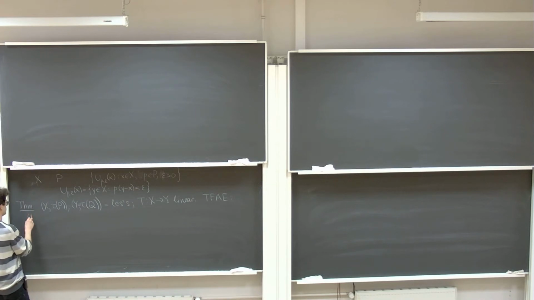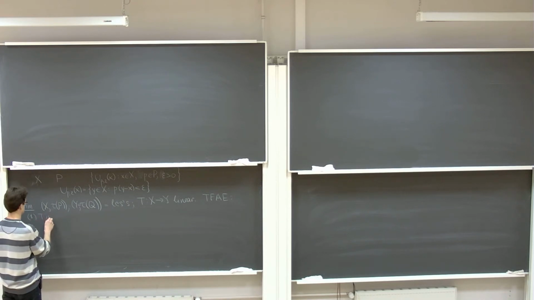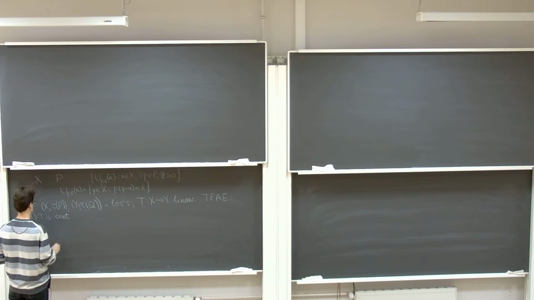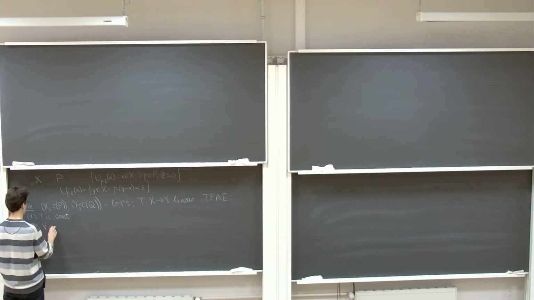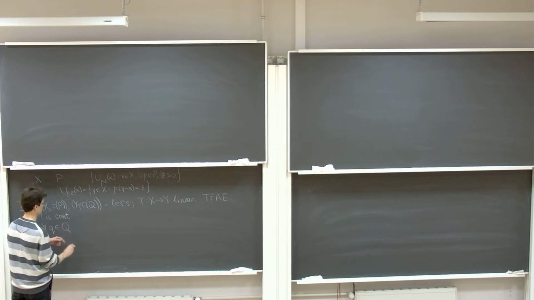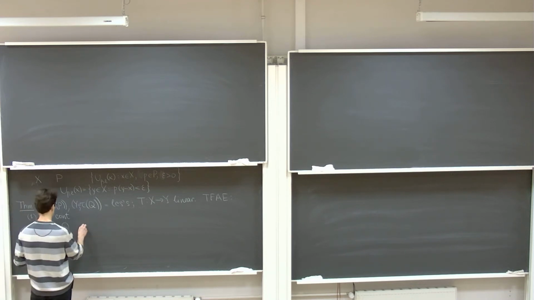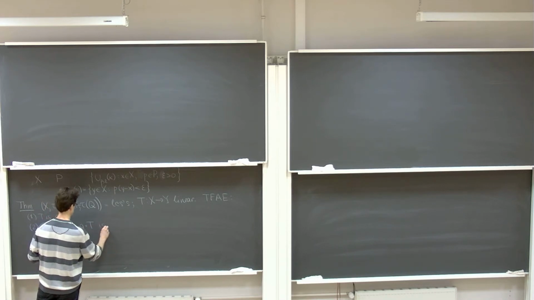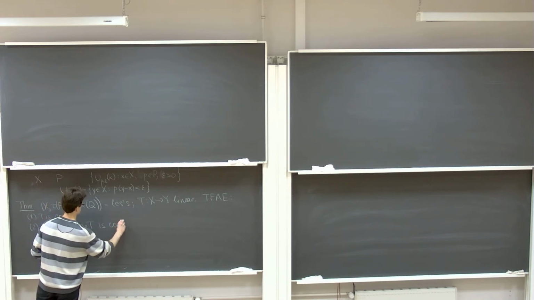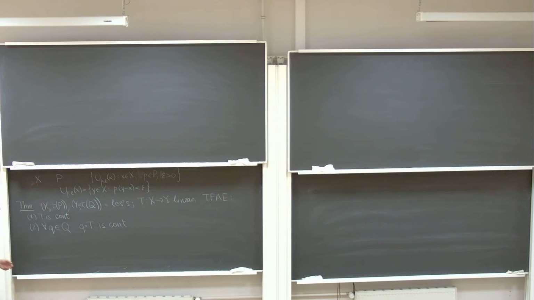Condition 1, T is continuous. Condition 2, for each seminorm q from the second family, q composed with T is continuous. By the way, this is a seminorm on X, and this seminorm is continuous with respect to this topology.